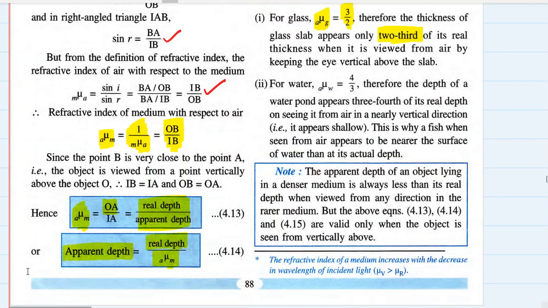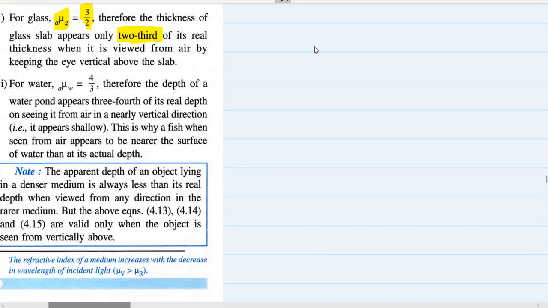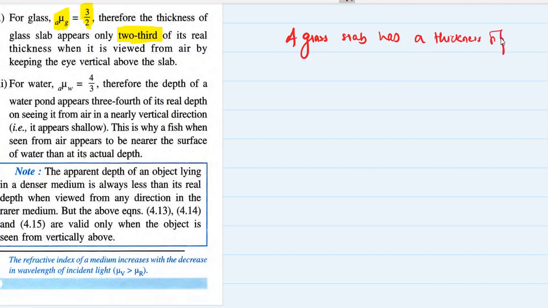So if you say a glass slab has thickness of x mm. Okay, a glass slab has thickness of x mm. So what will be the apparent thickness?